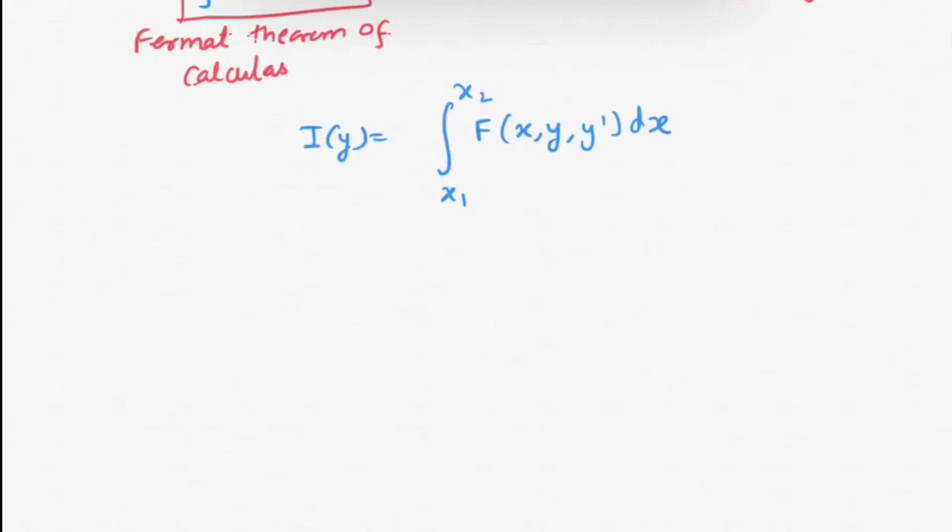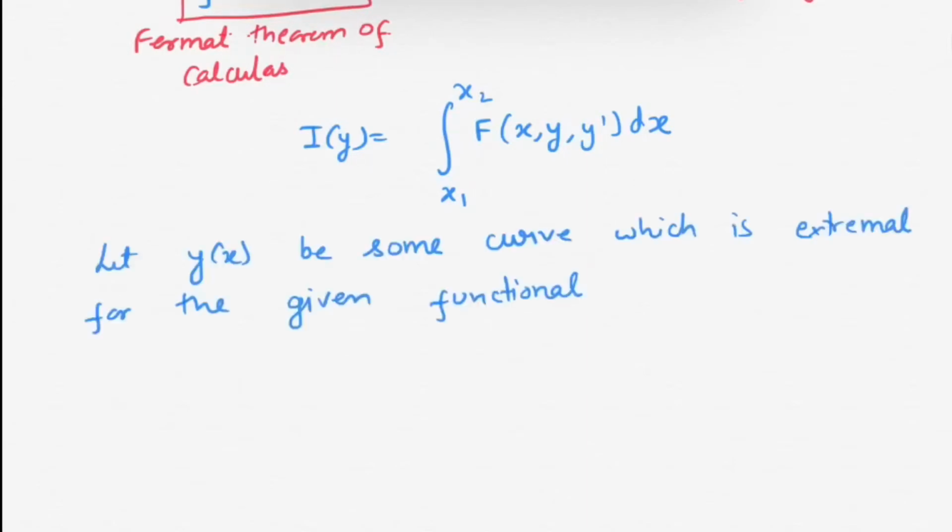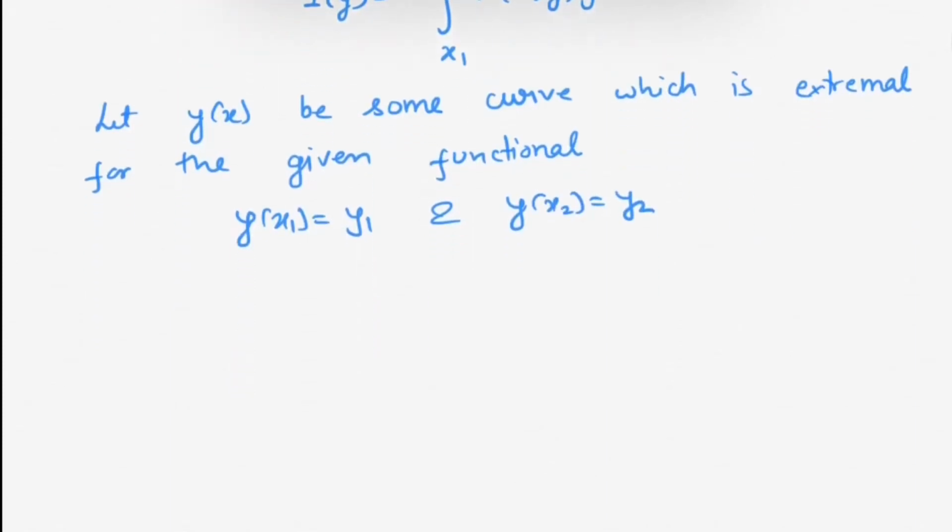Let y of x be some curve which is extremal for the given functional, and it is given that y of x1 equals y1 and y of x2 equals y2. That means we have 2 points (x1, y1) and (x2, y2). Now let us assume a family of curves joining these 2 points.